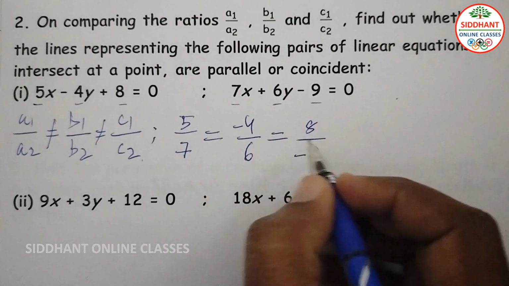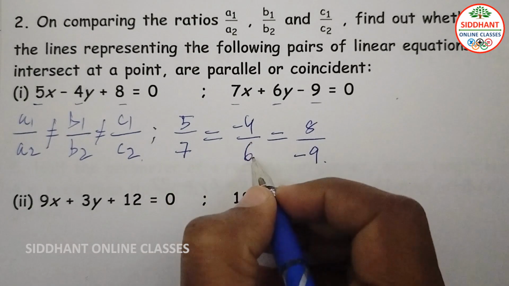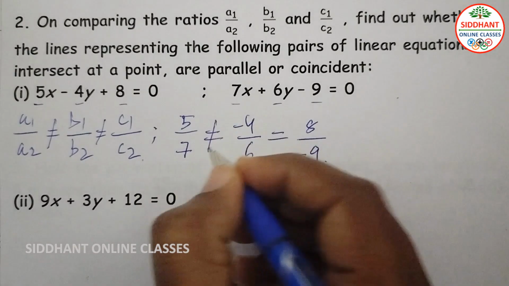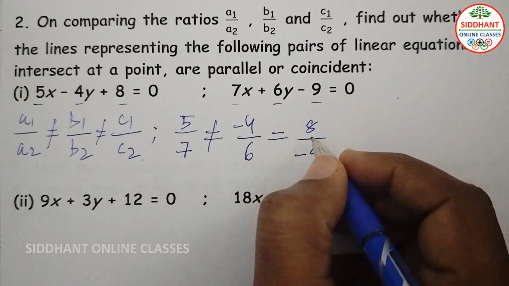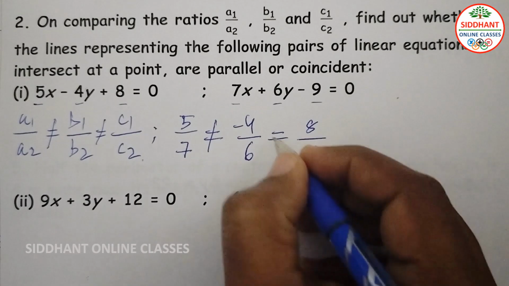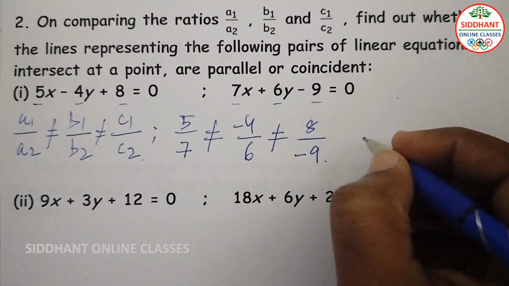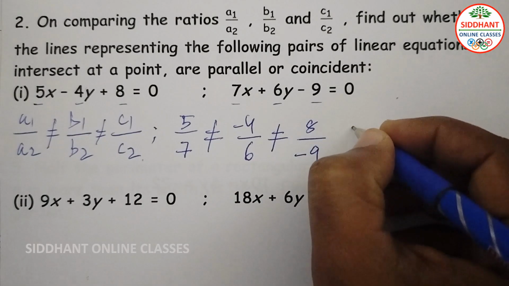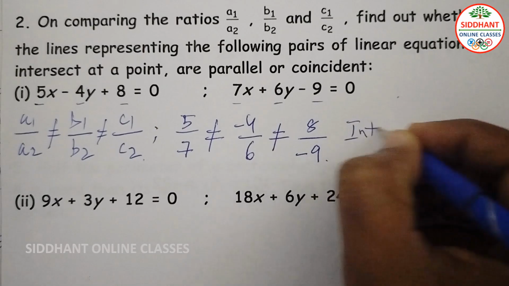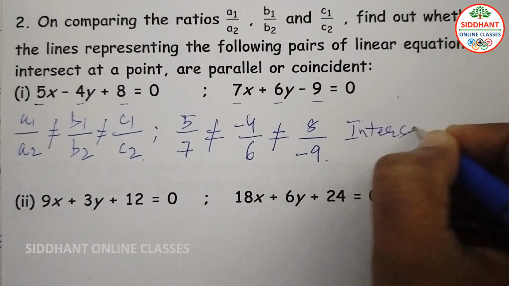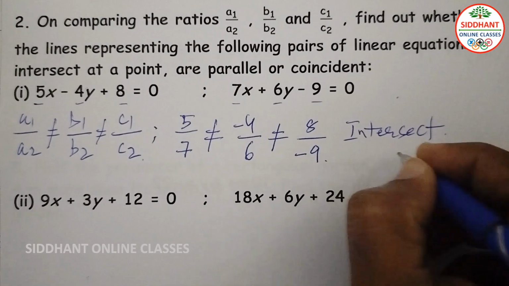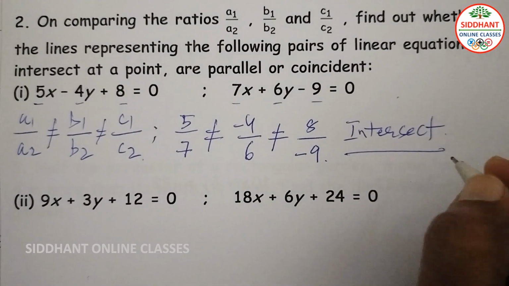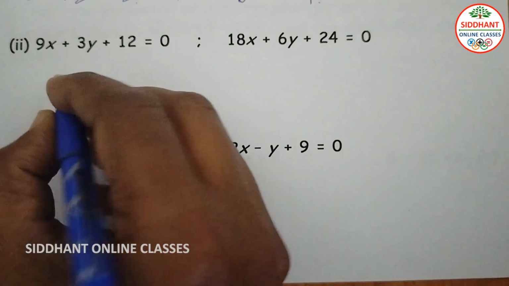When we compare a1 by a2 with b1 by b2, it is not equal, and b1 by b2 is not equal to c1 by c2. So now we can say that the two lines intersect each other.